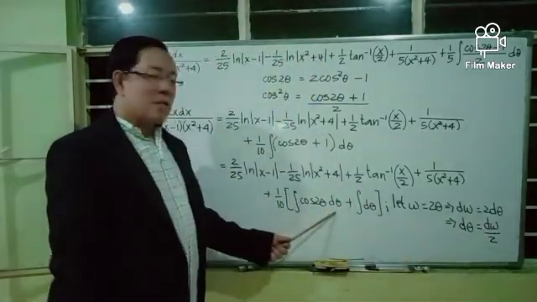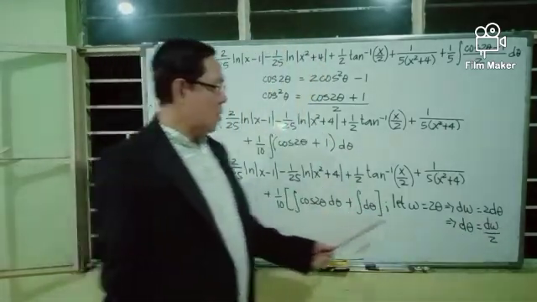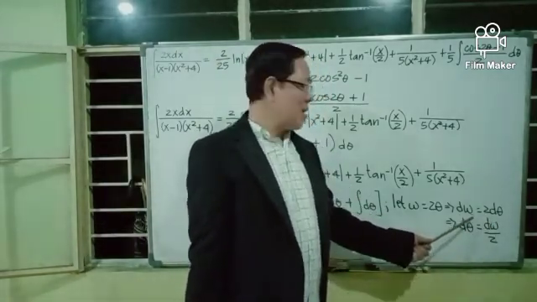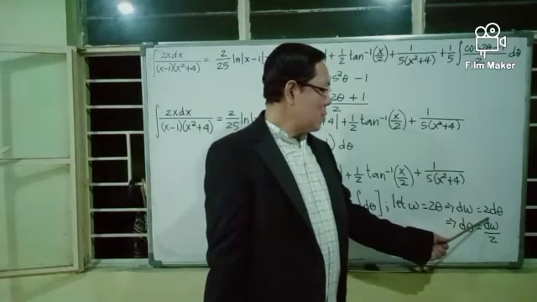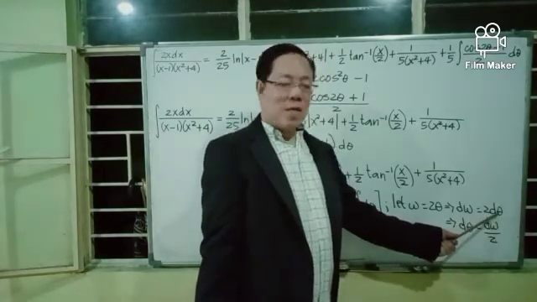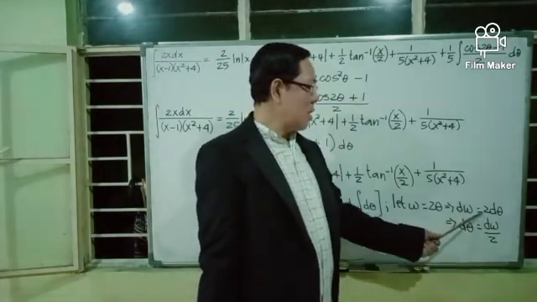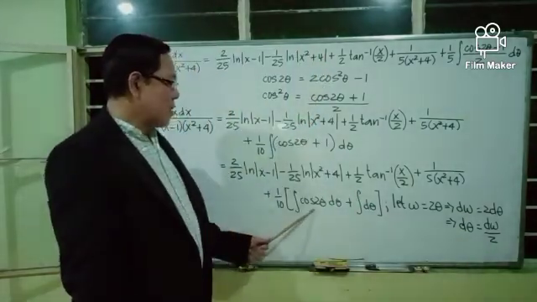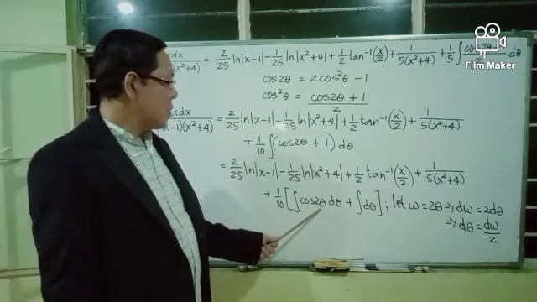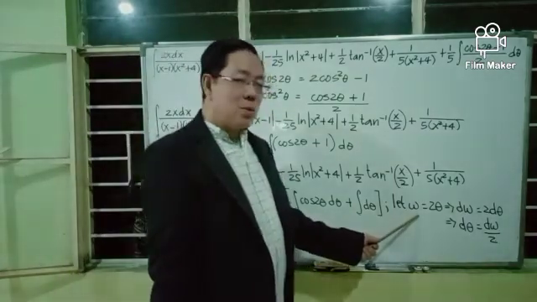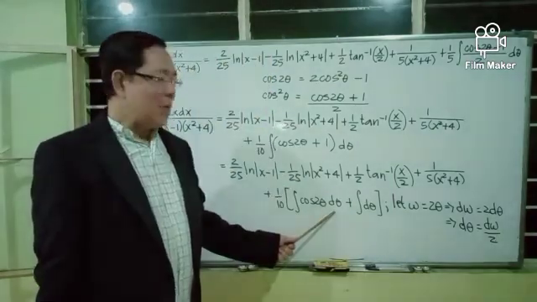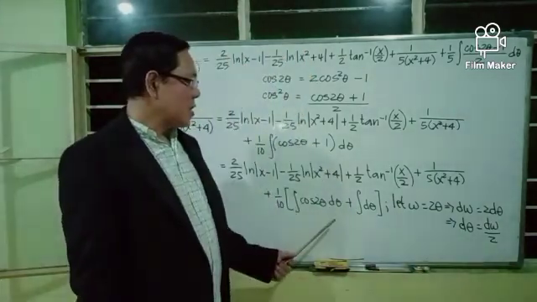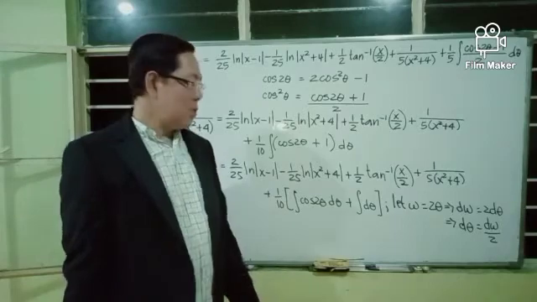And we have d theta in this integral, so we solve for d theta by dividing both sides by 2. d theta equals dw divided by 2. In this integral, we replace 2 theta with w, and d theta with dw over 2, and we integrate with respect to w.